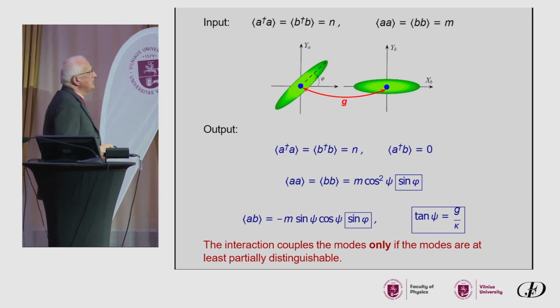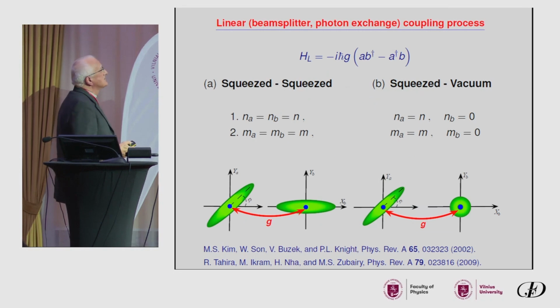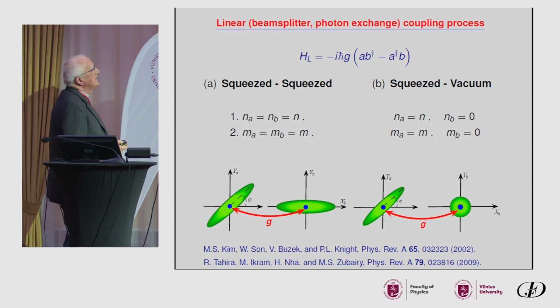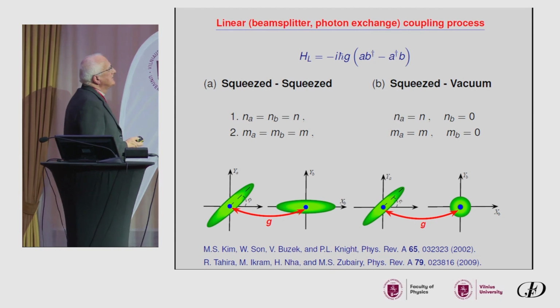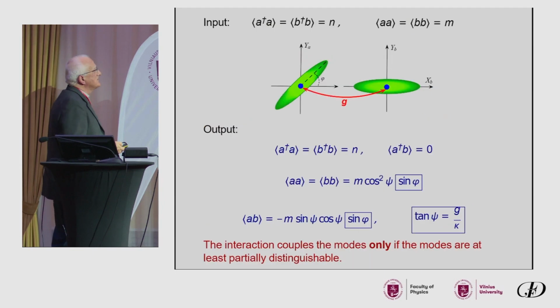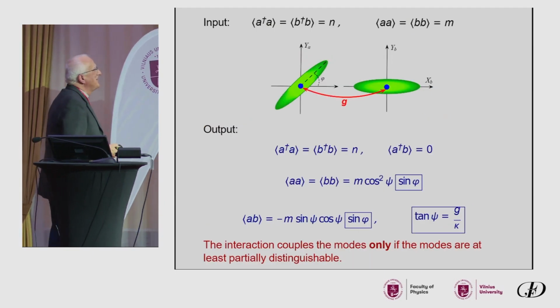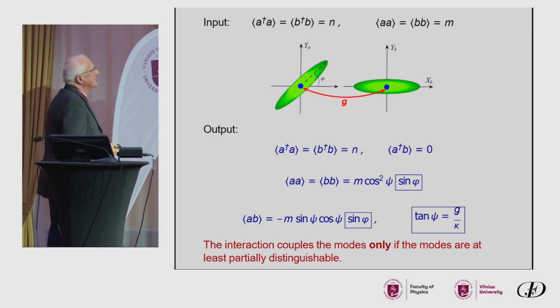Here, what we do in the calculation is that from this Hamiltonian we find the equations of motion, the Heisenberg-Langevin equations, for A and B. We allow for damping and losses, and then find the time evolution and calculate the averages. I skip this mathematics because of the short time, but these are the results that you see.